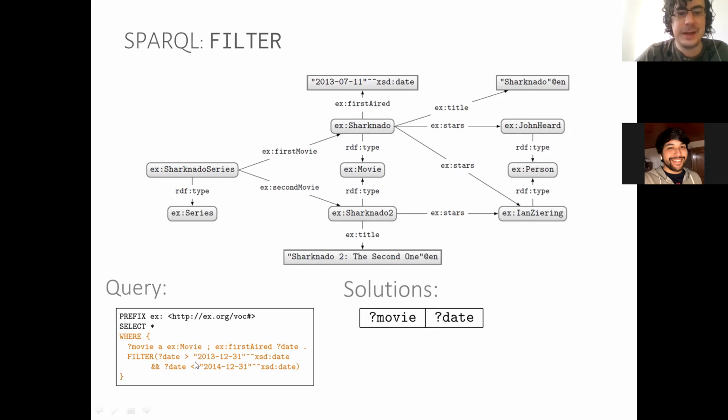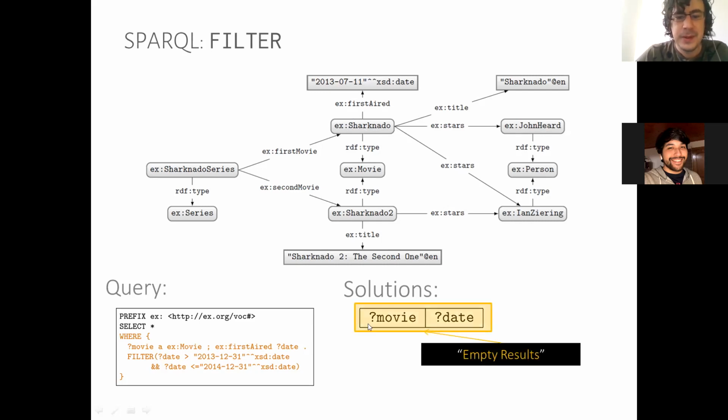In particular, it's not greater than 31st of December 2013. Okay, so we get some empty results here. So we can use filter to be more precise about what kinds of solutions we want. This is particularly useful for domains and ranges, but there's actually a whole bunch of different functions we can apply.